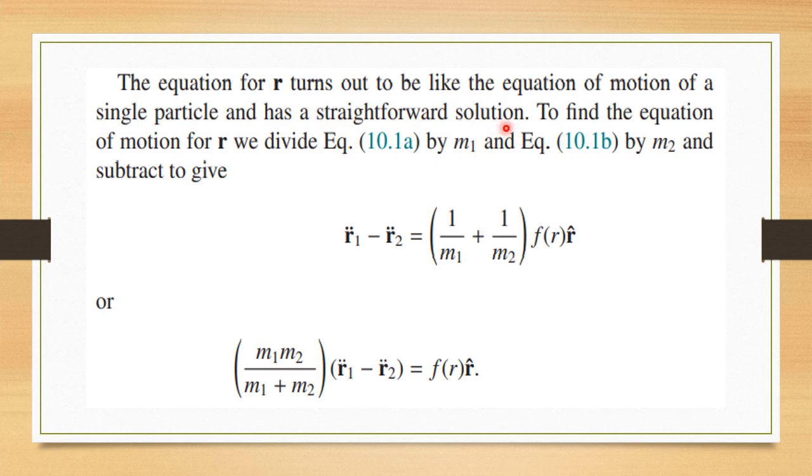So we will divide our first equation 10.1a by m1 and 10.1b by m2 and subtract the two equations. You get r1 double dot minus r2 double dot equal to (1 by m1 plus 1 by m2) f of r unit vector r. On solving and rearranging, taking these terms toward the left hand side, you get m1 m2 divided by (m1 plus m2) times (r1 double dot minus r2 double dot) equal to f of r unit vector r.